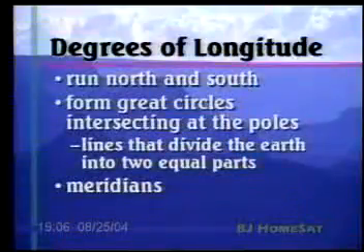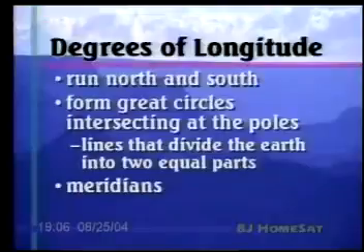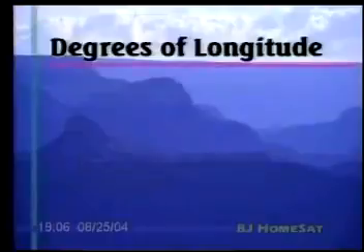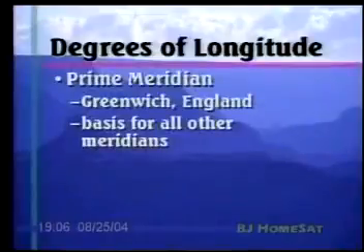All right, then our lines of longitude are also referred to as meridians, named after the prime meridian, which runs through Greenwich, England, and it's the basis for all the other meridians.